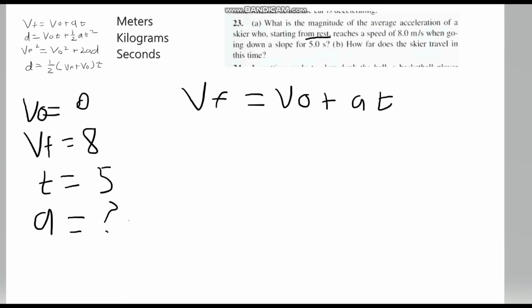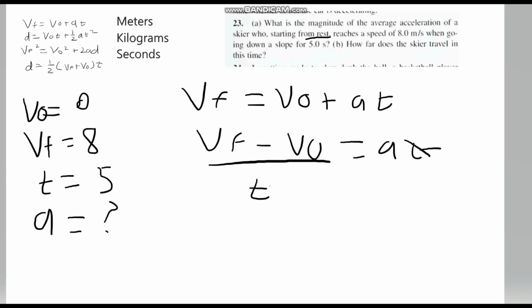What is acceleration? We do the exact same thing that we just did. Subtract initial velocity from both sides, and then divide by the time to find the acceleration. But here's a simpler way. Since you know initial velocity is 0, you can just cross it out.